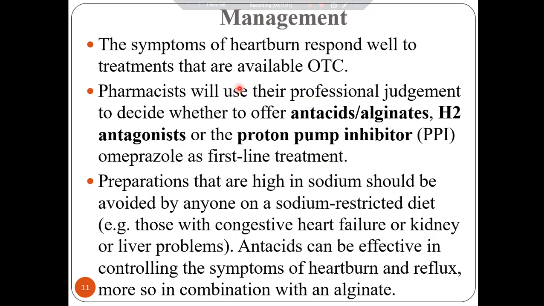You should use your professional knowledge to decide which to offer to the patient complaining of heart pain, because all of these are available as OTC medication to manage heart pain.